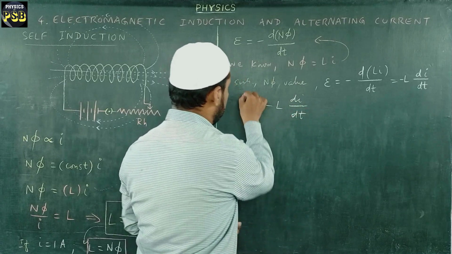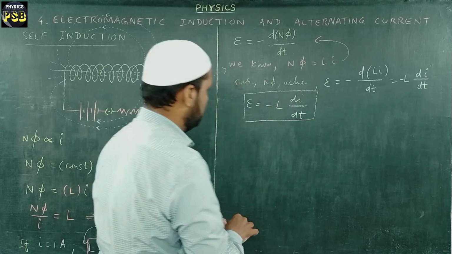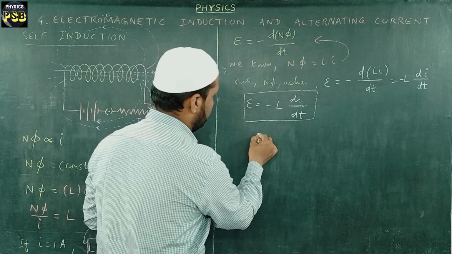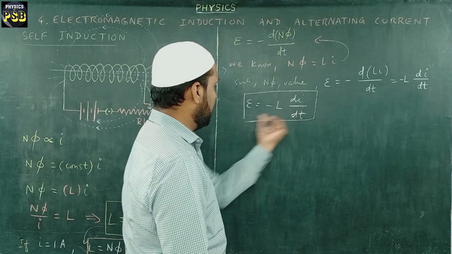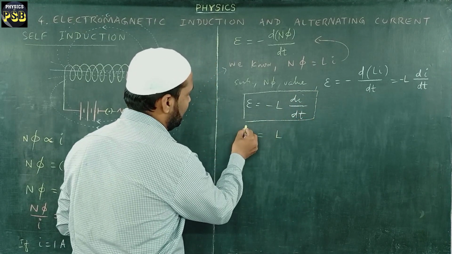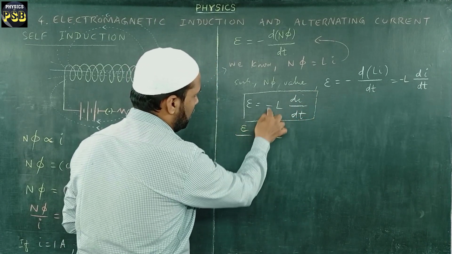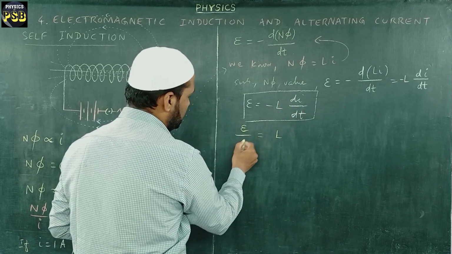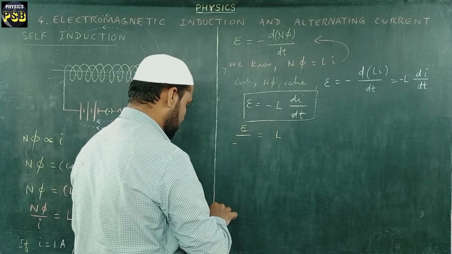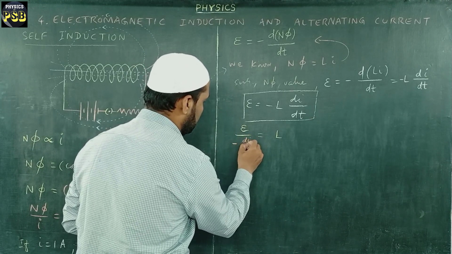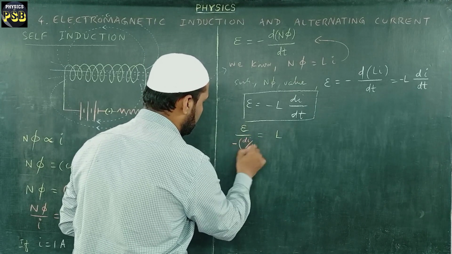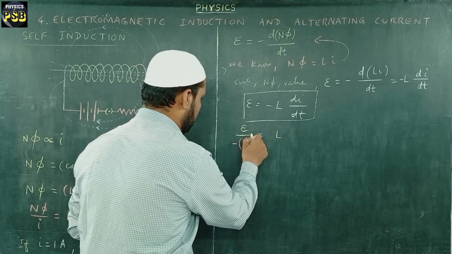Rewrite this one in this manner. Here, the L value can be obtained by bringing this part to the left-hand side: epsilon along with the minus sign, and bring this part, epsilon upon minus di upon dt, is what I obtain.